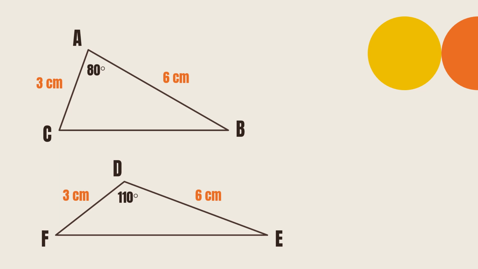Okay, so, ayan. And then we take a look at the included angles. Okay, when we say included angles, yung na-sandwich nitong dalawang sides na to. Ayan. So, for the first triangle, ang included angle niya is angle A. And for the second triangle, ang included angle naman niya ay angle D. Okay.